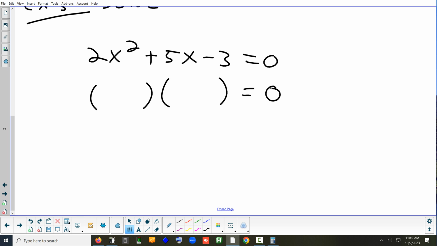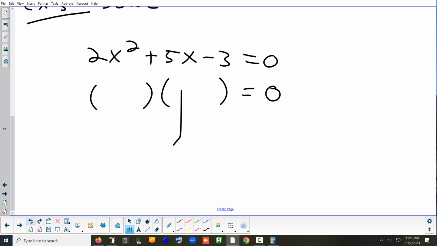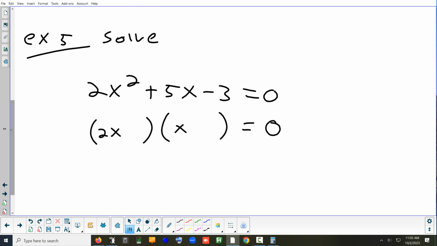All right. Now factor. So the first thing we got to figure out is something times something that gives me 2x squared. Yeah? 1x and 2x. That's good. Now, up top, your middle was positive and your constant was negative. Does anybody remember what kind of symbols we need down below?